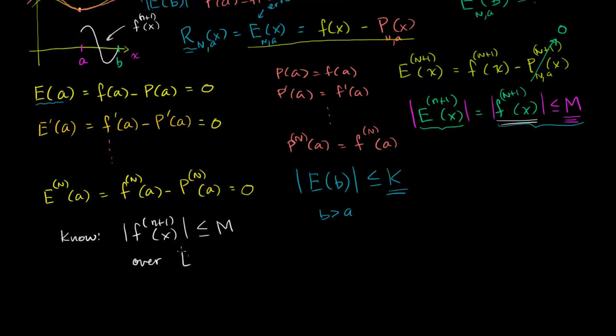So over the interval, I could write it this way, x is a member of the interval between a and b. And this includes both of them. It's a closed interval. x could be a, x could be b, or x could be anything in between. And we can say generally that this derivative will have some maximum value. So the absolute value's maximum value, M for max. We know that it will have a maximum value if this thing is continuous.